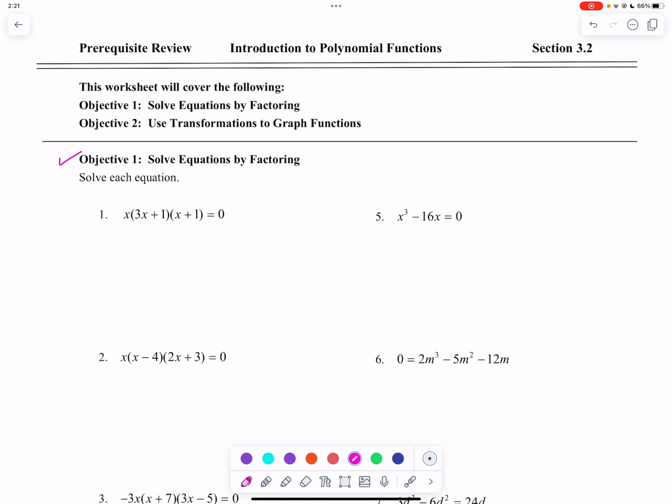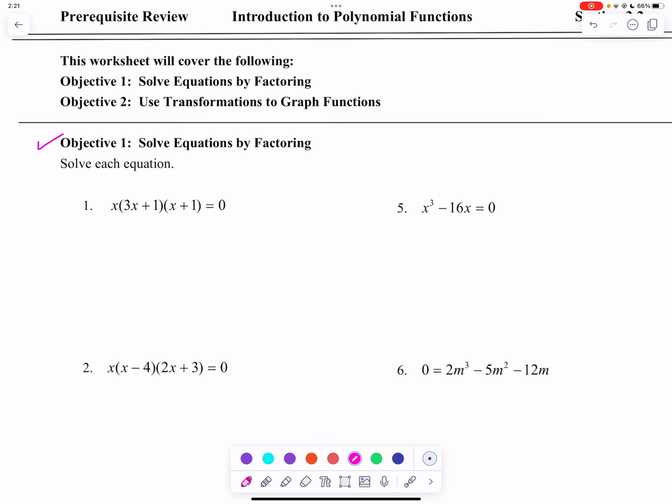Here we have already factored our polynomial, so we have 3 factors equal to 0, so either x is equal to 0, 3x plus 1 is equal to 0, or x plus 1 is equal to 0. And this is what we call our zero product property.